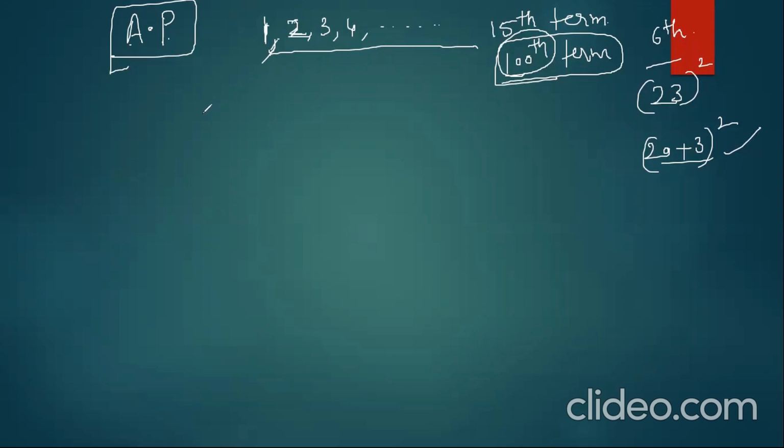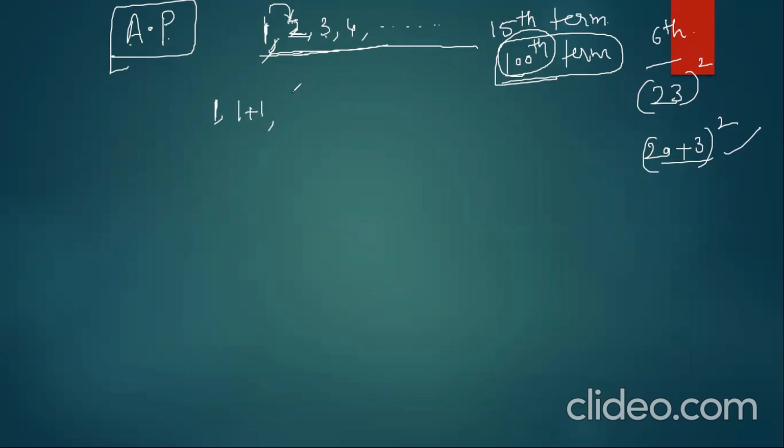Now, what will be the general form of AP? How do we write this first? Let us look at this. So 1. How are you getting this 2? You are getting 2 just by adding 1 to the previous number, 1, right?